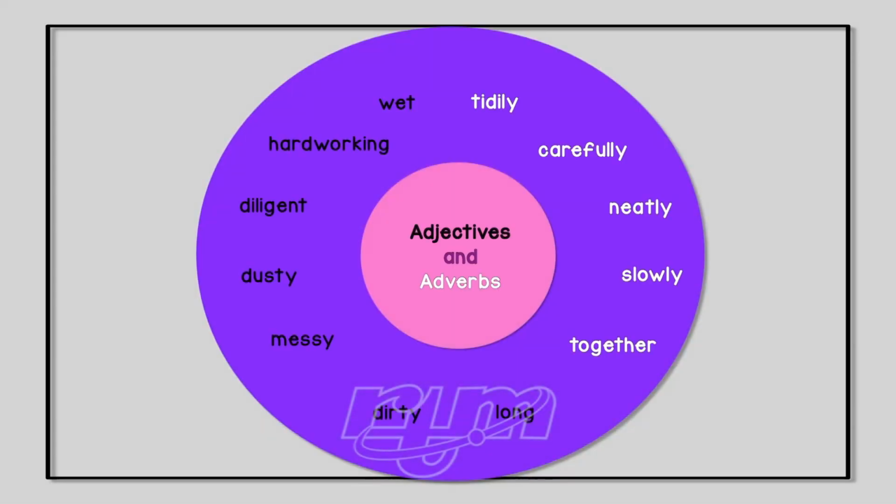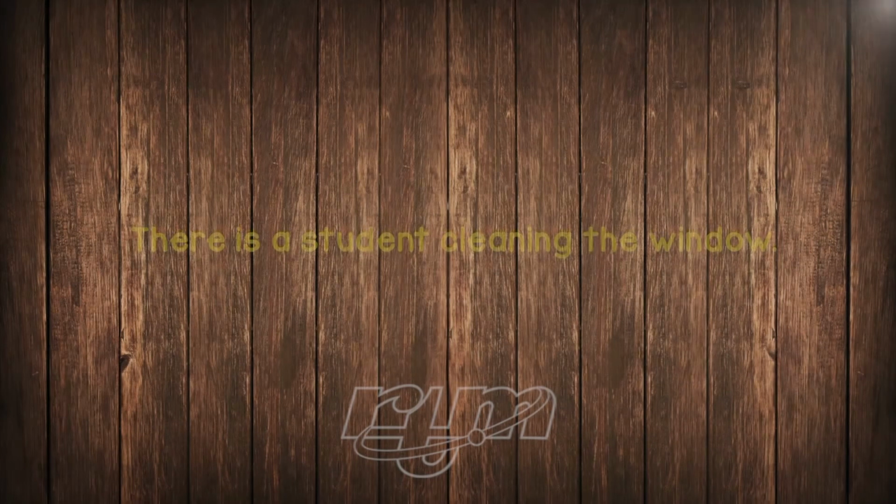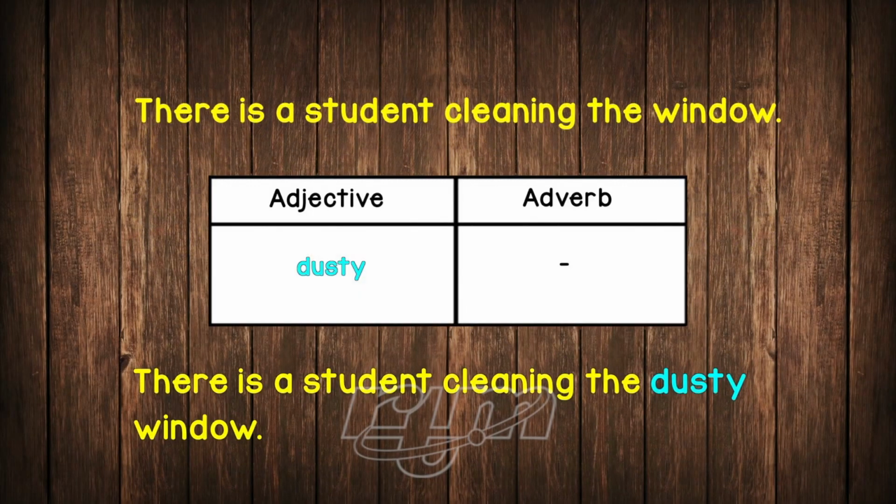Finally, for the last sentence, look at your circle map and see which word is suitable to use. From my circle map, I am going to use the word dusty. Here's my sentence. There is a student cleaning the dusty window.